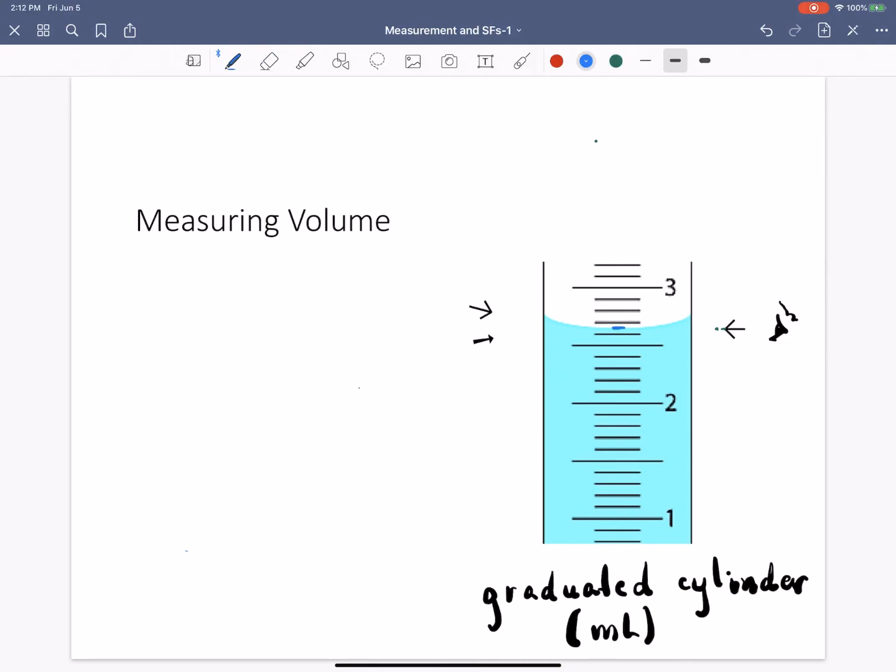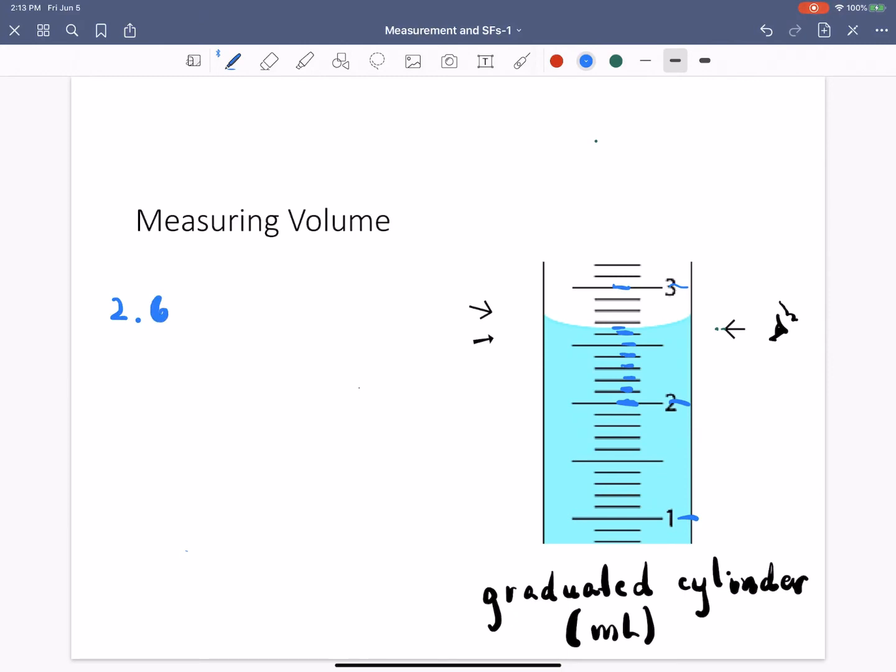I can see that my measurement is, let's see, major division is ones, more than 2 and less than 3. And then this space between 2 and 3 has been broken into 10 spaces. So this is 2.1, 2.2, 2.3, 2.4, 2.5, 2.6, and a little bit more.